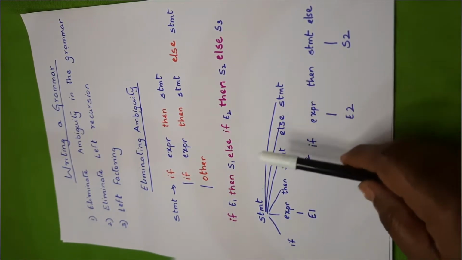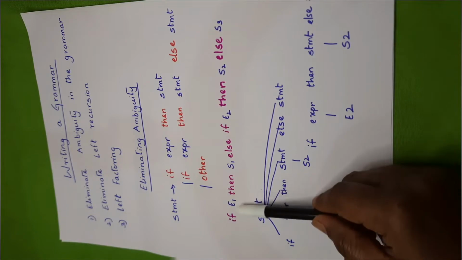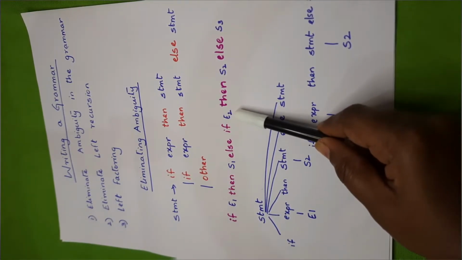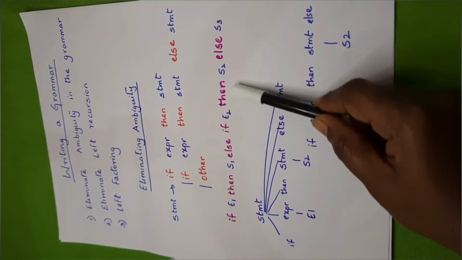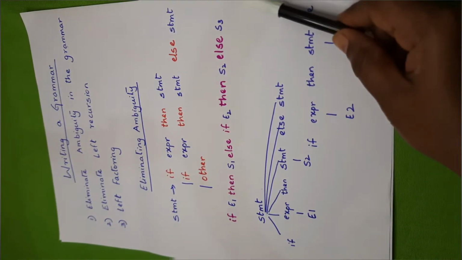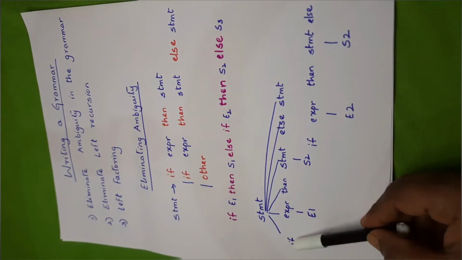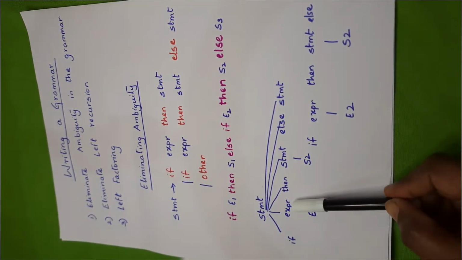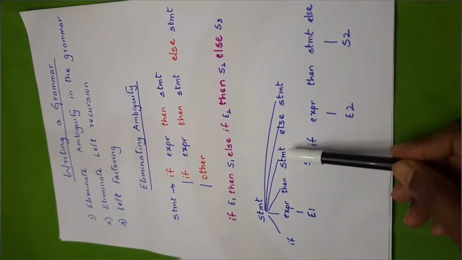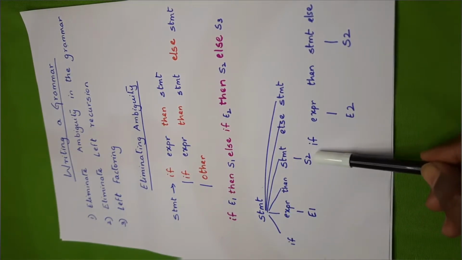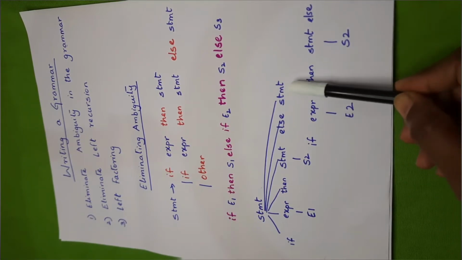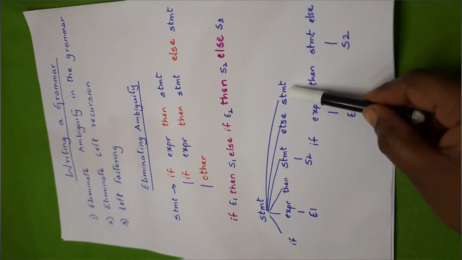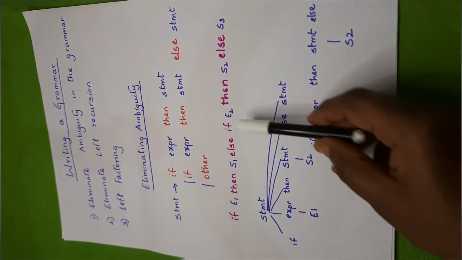Now what I actually want is if E1 then statement 1 else if expression then statement 2 else statement 3. So I have got if E1, which I can get from expr, then statement gives S1, else statement. Now I will expand this statement to get the remaining part.